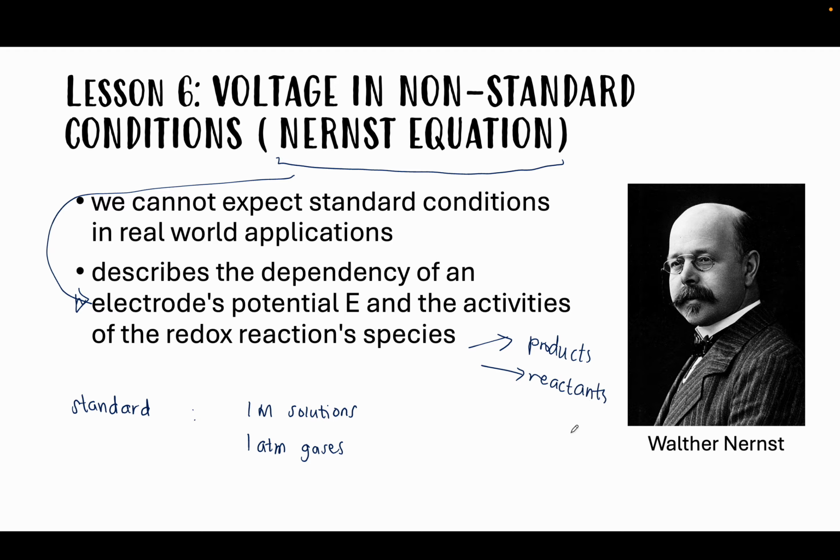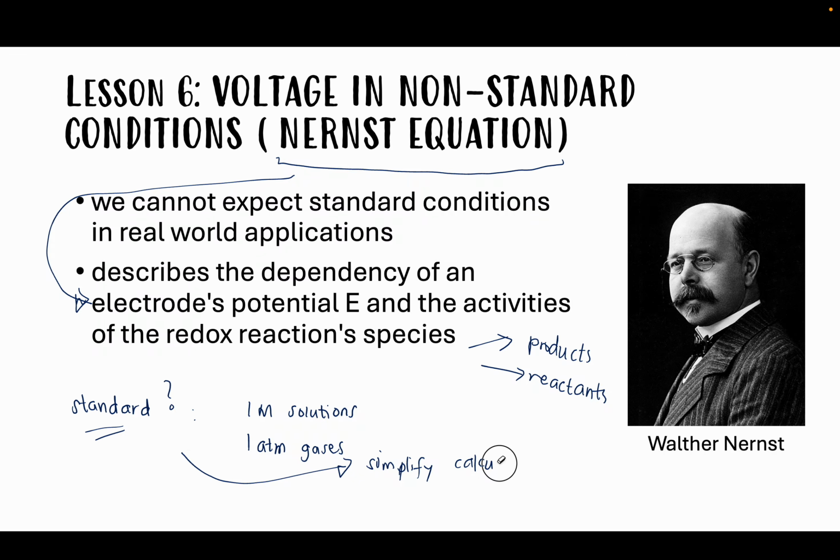Okay, now one reason you might wonder, why do we always consider standard solutions or conditions? Why do we consider standard conditions as basis for computation? That's because we aim to simplify any process. We aim to have simplified calculations.